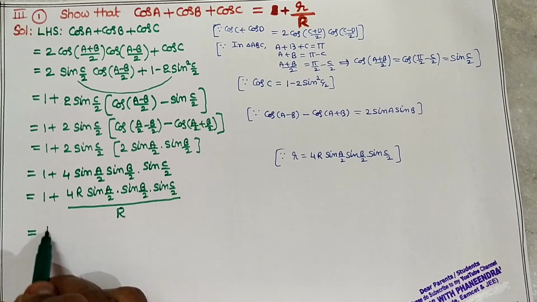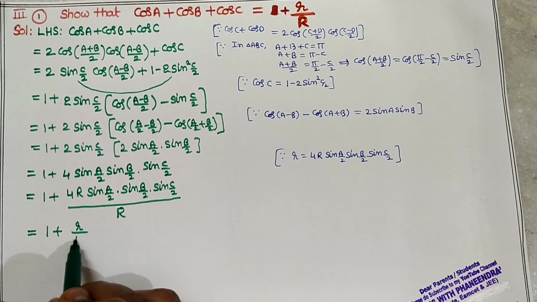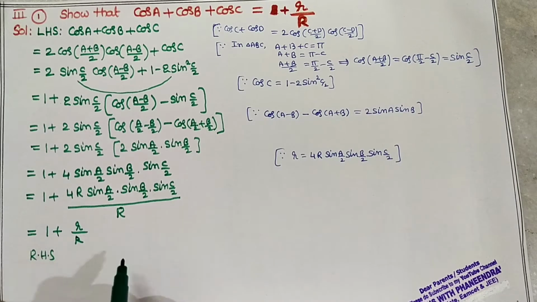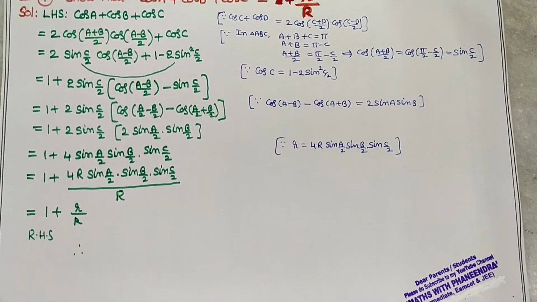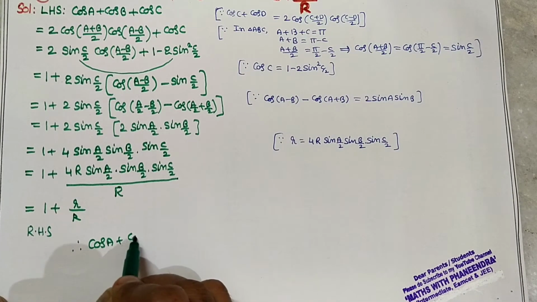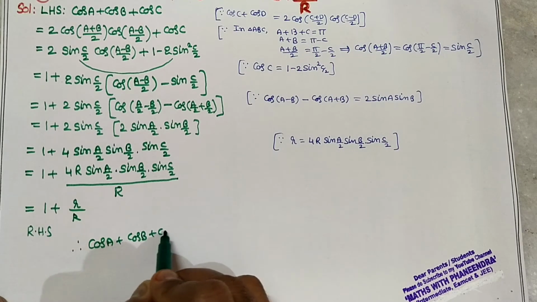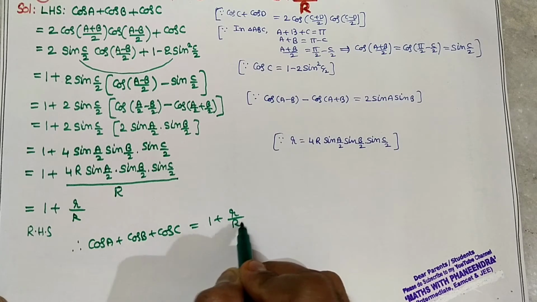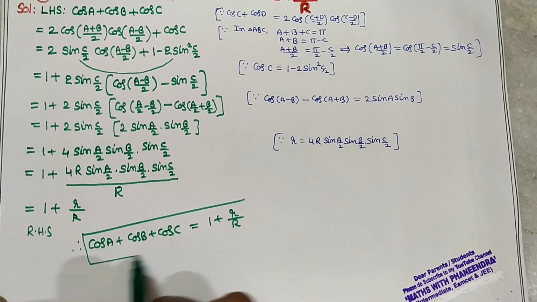So it is equal to 1 plus small r divided by capital R. That only they are asking to prove, no? This is the required RHS. Therefore, we conclude that cos A plus cos B plus cos C is equal to 1 plus small r by capital R. Hence proved.